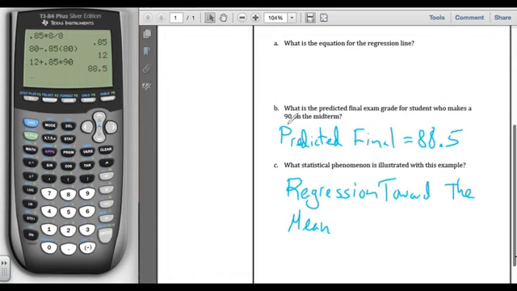They made a 90. That's above the average of 80. And we still predict them to do very well in the final, above the average, but it's a little bit closer to the mean. Regression toward the mean states that we expect values to get closer to the mean rather than moving further away from the mean.